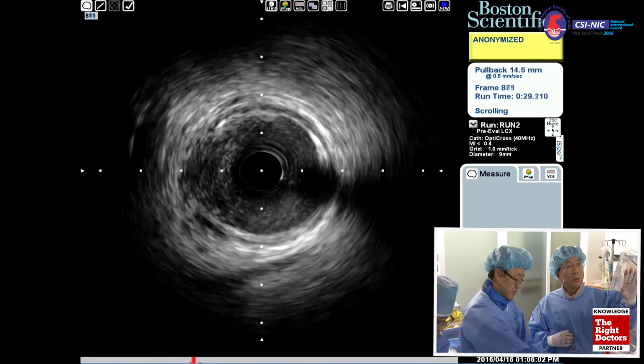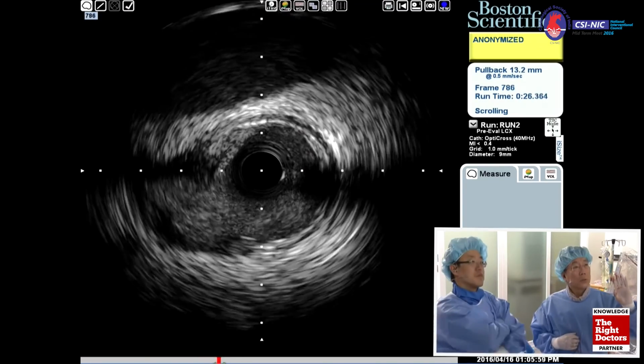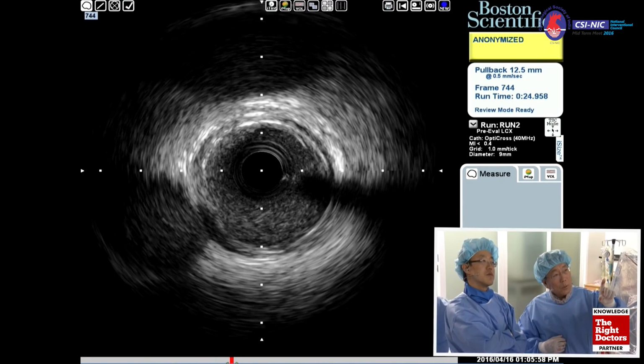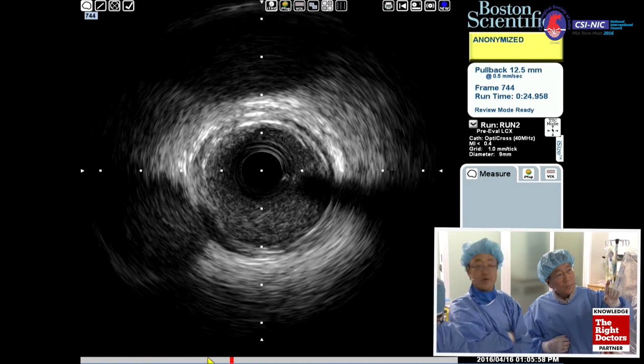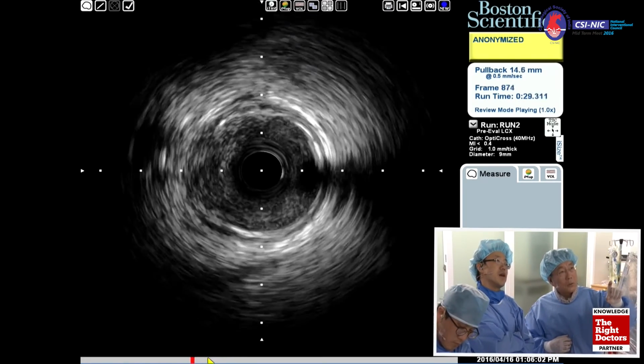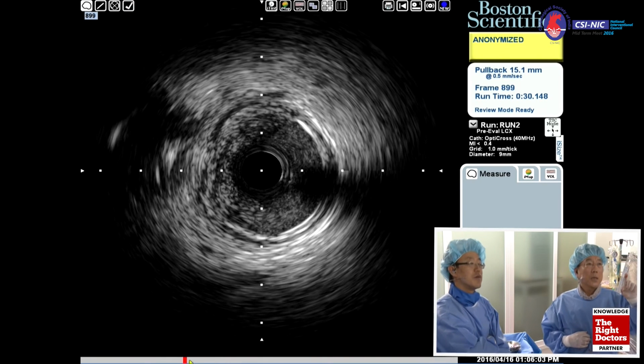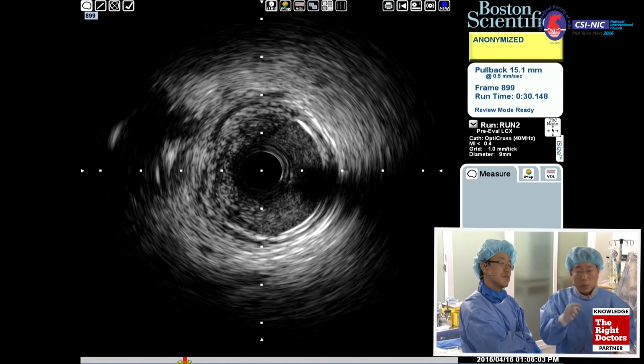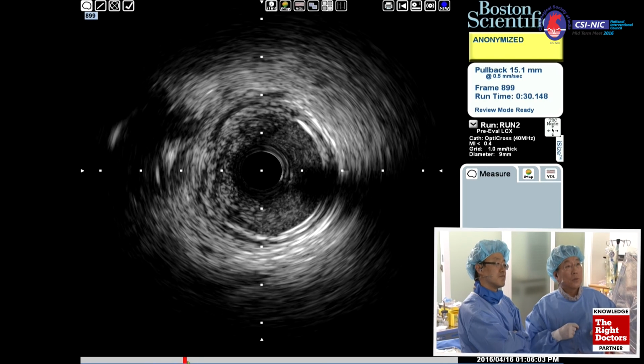Okay, that one. Big OM branches here. Go ahead slowly. Very close. Stop. That is just the ostial part of the circumflex. It's quite big.